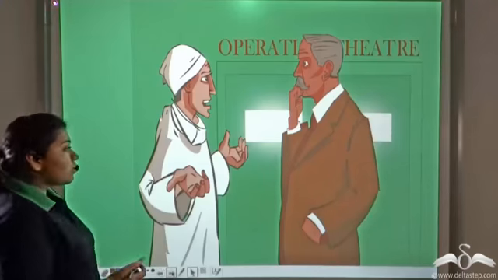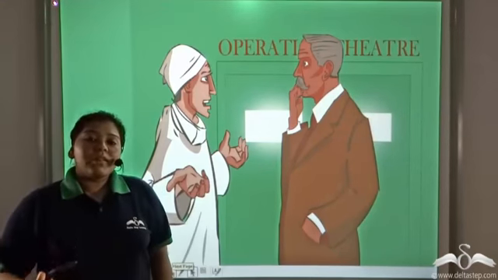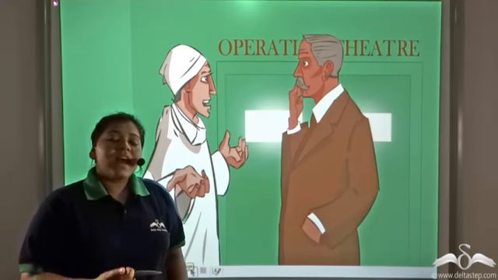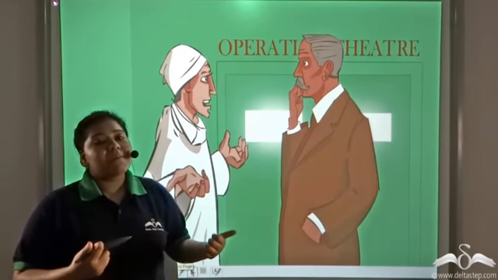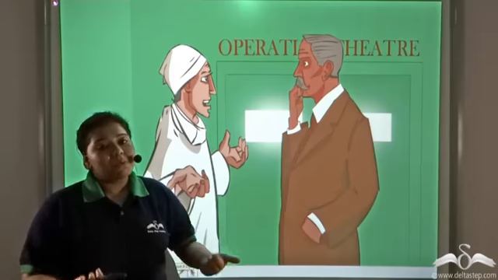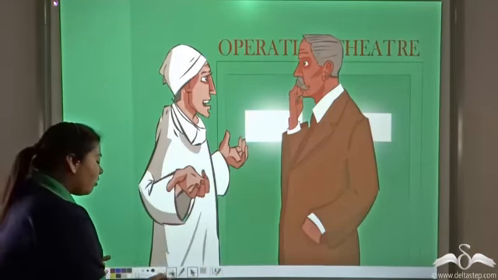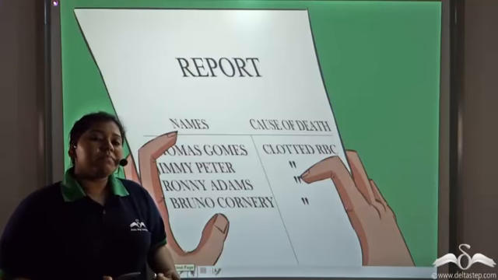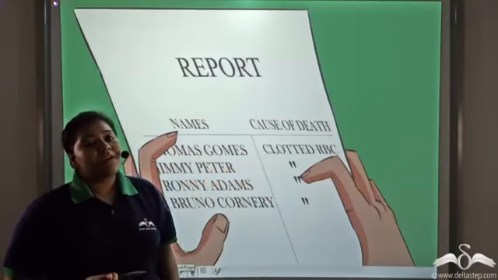So, he spoke to all the doctors present in the hospitals of Vienna and discussed the patients who died post-surgery and found out that most of the people died due to clotting of blood.